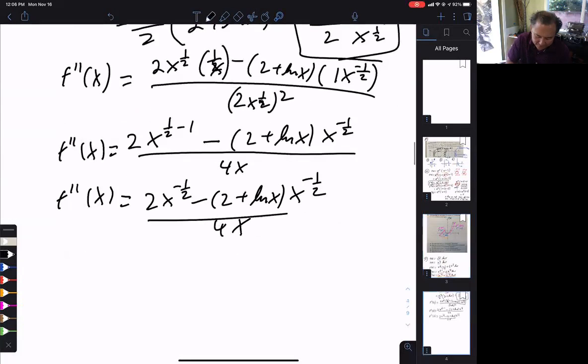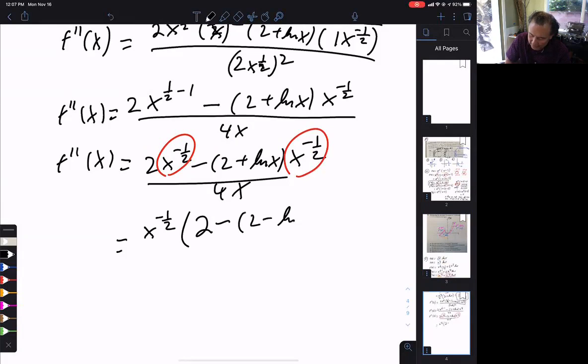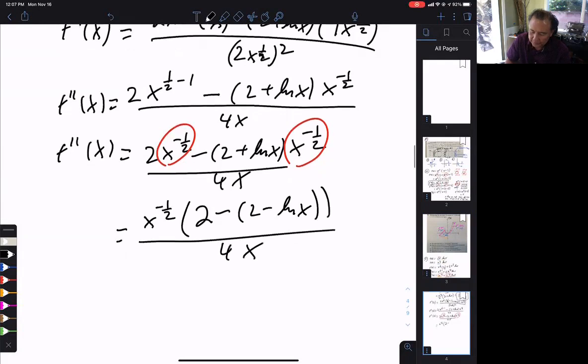Here's a beauty. Look, common factor. I can factor that out. So I'm going to take out the x to the negative 1/2. If I take that out, I'm left with the 2. And if I take that out, I'm left with that. So it's going to be 2 minus ln of x all over 4x.